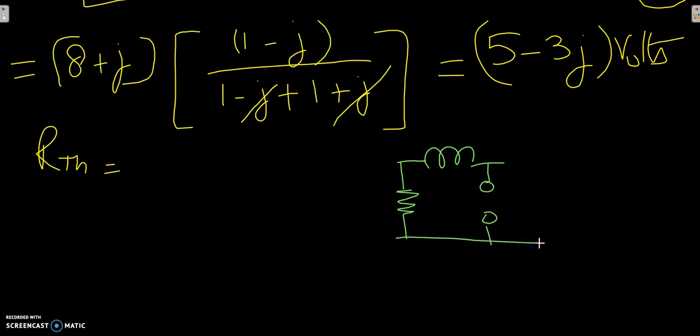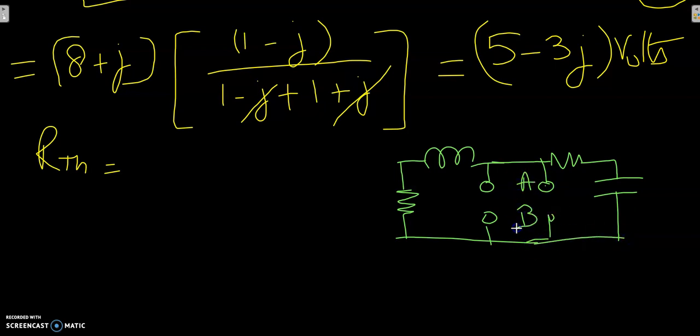This voltage source will be short circuited, and then again we have the resistor and a capacitor here, and we are interested in finding the resistance between the points A and B. So RAB, which will also be equal to RTH.